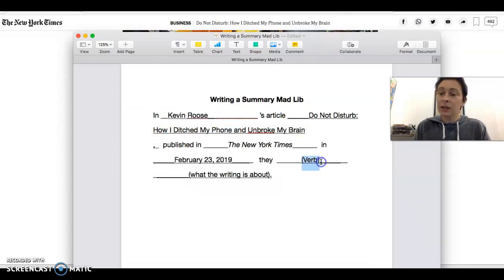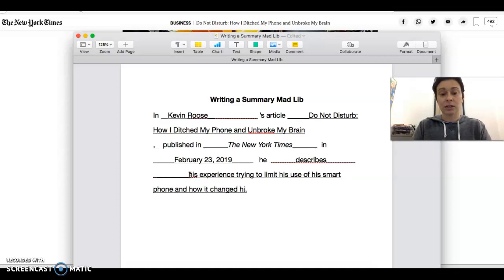And I would say what he's doing largely in this essay is describing. So they describe, and because he identifies as a he, we could say he describes his experience trying to limit his use of smartphone and how it changed his life. Right?